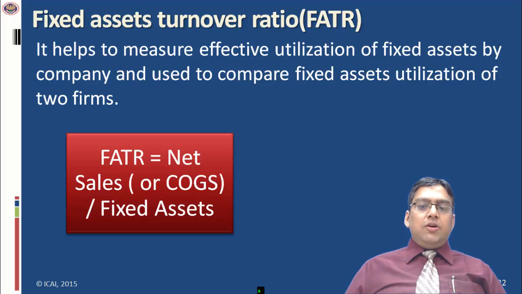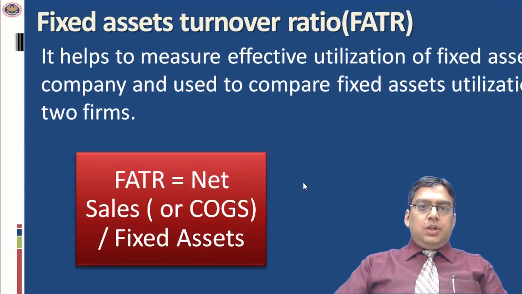It helps to measure effective utilization of fixed assets by a company and is used to compare fixed asset utilization of two firms. FATR equals net sales or cost of goods sold divided by fixed assets. Let's take an example.